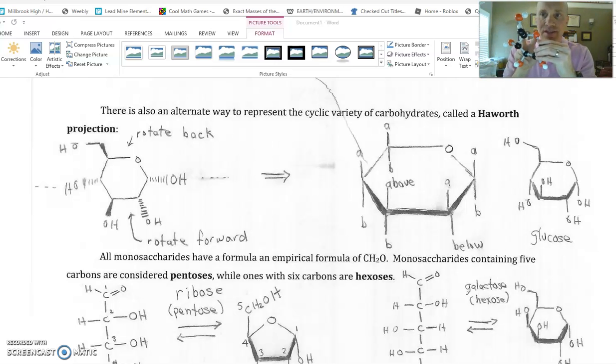These two atoms at the top of the ring are going to move backwards, and these two atoms at the bottom of the ring are going to rotate forwards. So notice how these atoms down at the bottom are now closer to you, and these atoms at the top are now, from your perspective, farther away from you.